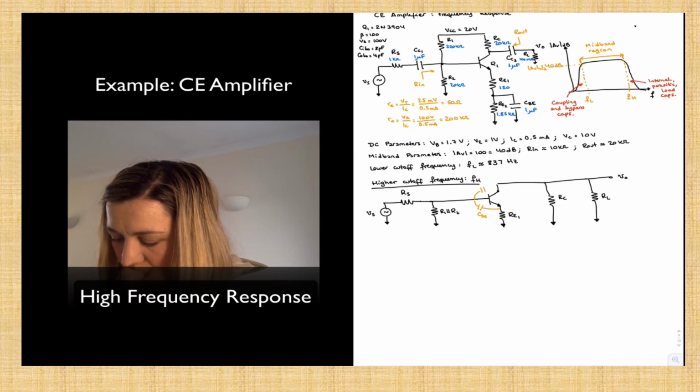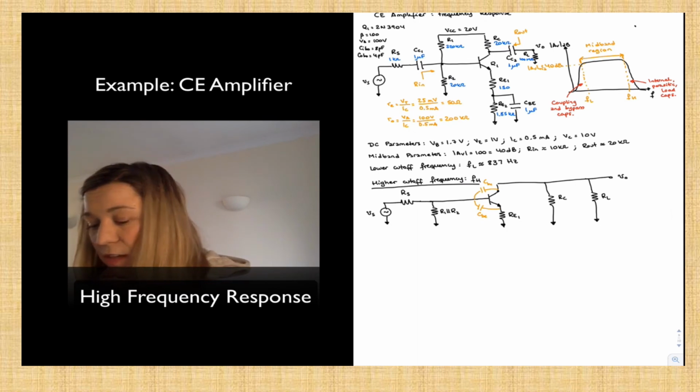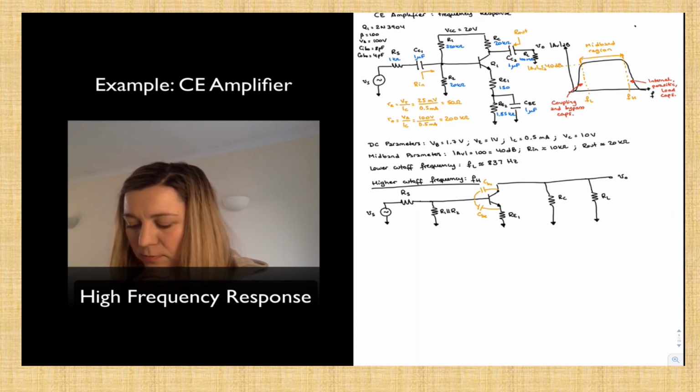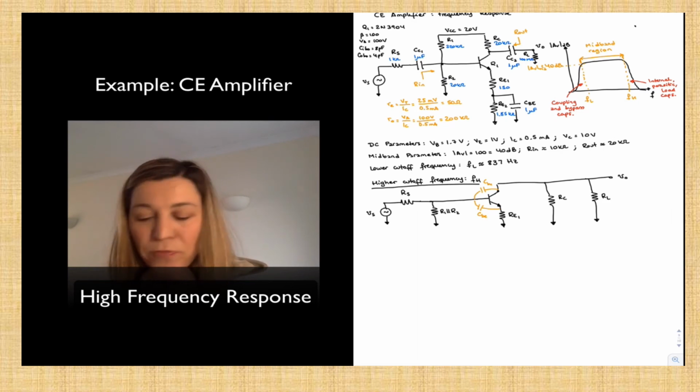Or if you look at the data sheet, they will appear as input capacitance C IBO and output capacitance C OBO. That's what I've labeled them up there. They're also sometimes referred to as C mu and C pi. C pi will be the one connected to the emitter, and C mu will be the one connected to the collector.